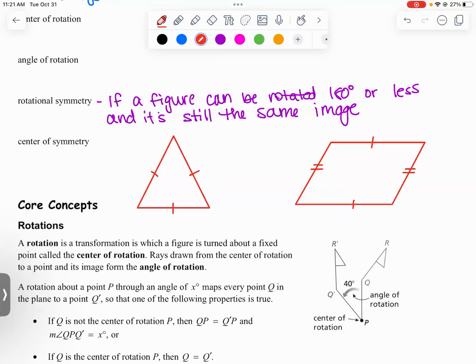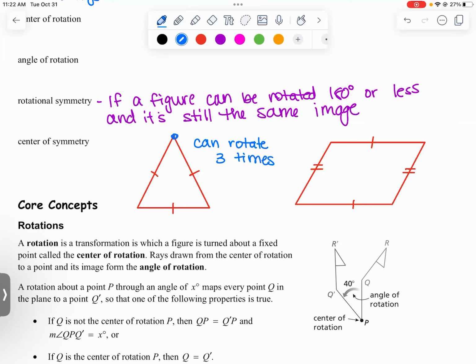how many times can I rotate this shape and it still be the same, until we're back to normal?